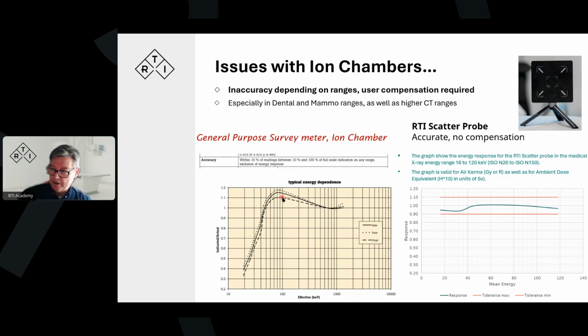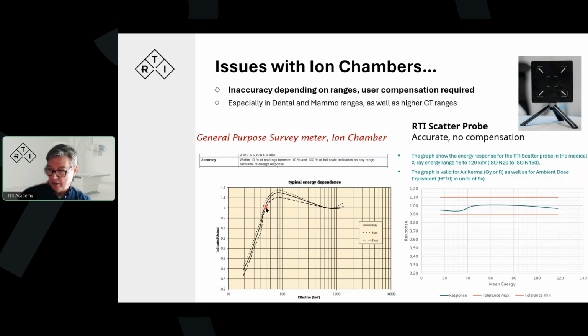But here, 100 and down, we've got everything from 1.2, 1.15 down to 0.30 something when it comes into the mammo range. So the indicated versus the actual: here it's indicating 0.4 out of the actual. So it's underestimating the dose in the lower keV ranges, which could be mammo and lower radiography.